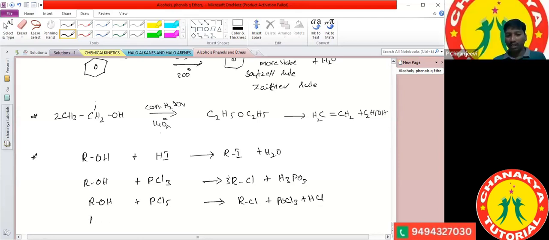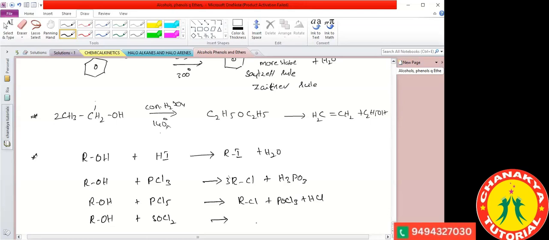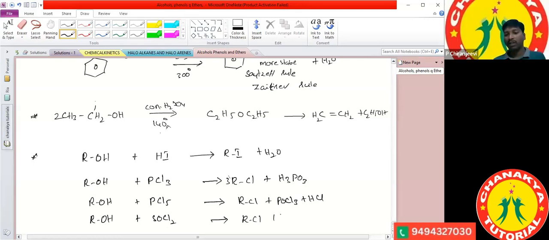Okay. And if R-OH reacts with thionyl chloride, that means SOCl2, the products are RCl plus HCl plus SO2. Can you tell me the name of the reaction? We had given some name for this reaction.